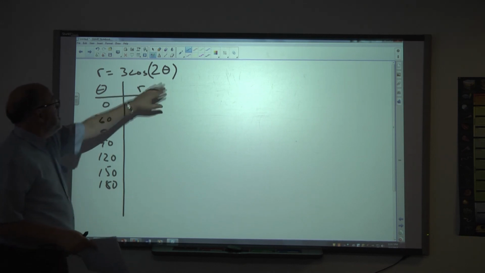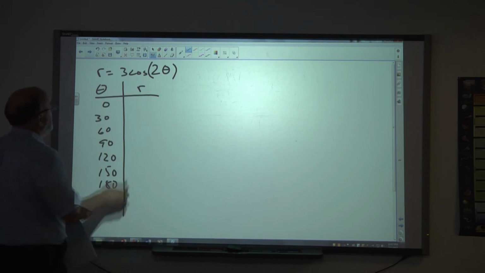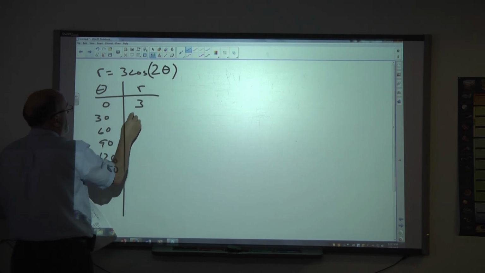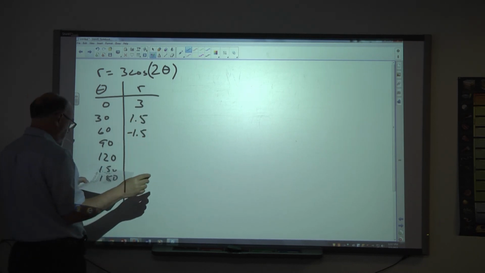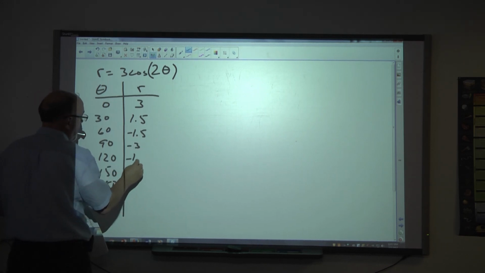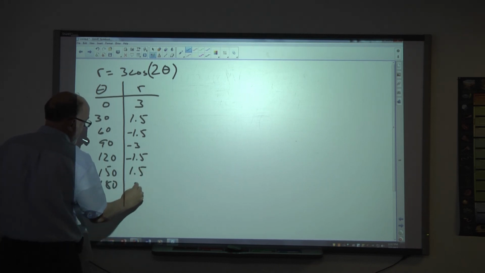So if I plug these in and do the math, this will come out to be 3. We plug in 30, this comes out to be 1.5. This comes out to be negative 1.5. Negative 3. Negative 1.5. And then 1.5. And then 3.